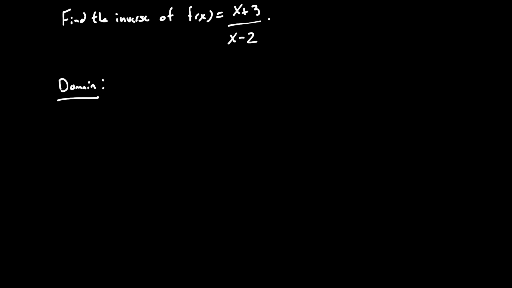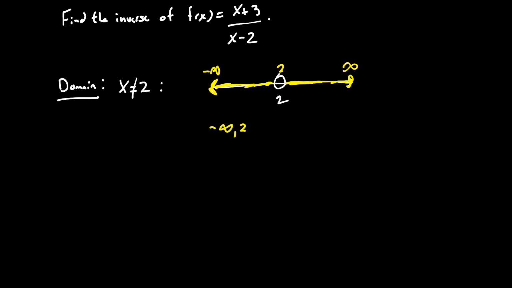So the only place where we have the denominator equal to 0 is when x is equal to 2. So let's just go ahead and find this set. This is going to be all numbers but 2, which means we're going to be looking at negative infinity all the way up to 2, and then 2 to infinity, again not including 2. And we can write this in interval notation as negative infinity to 2, union 2 to infinity.